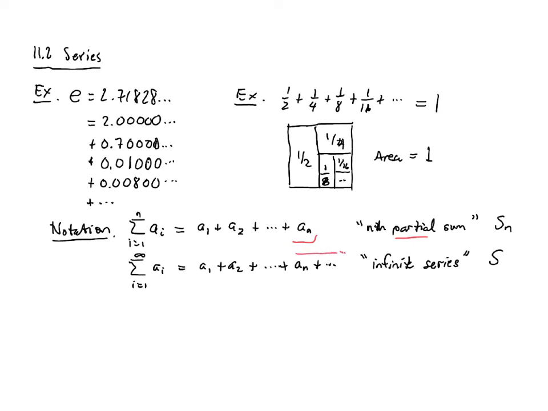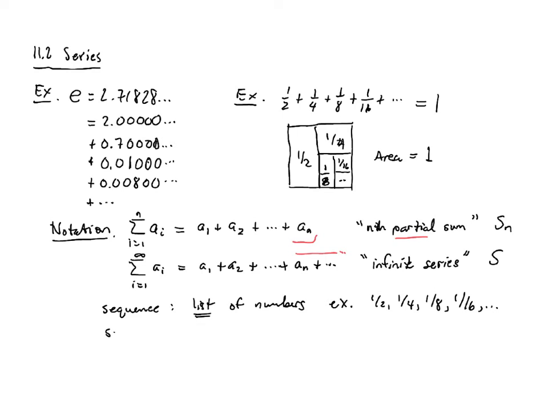Now, it's important to make a distinction in the terminology, because we have two words that are very similar to one another. We have the word sequence, which is a list of numbers, for instance 1/2, 1/4, 1/8, 1/16, etc., with commas in between.